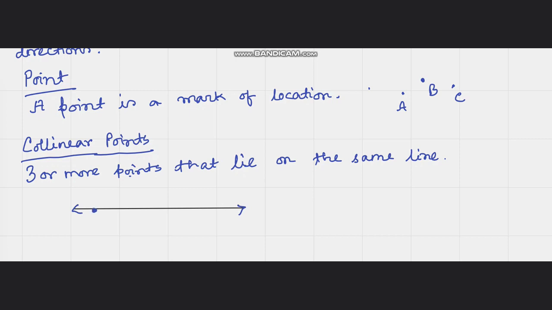Now let us consider different points: point A, point B, point C, point D, point E. We can see that these five points, A, B, C, D and E, are all collinear points, and the line that is passing through all the collinear points is called the line of collinearity.